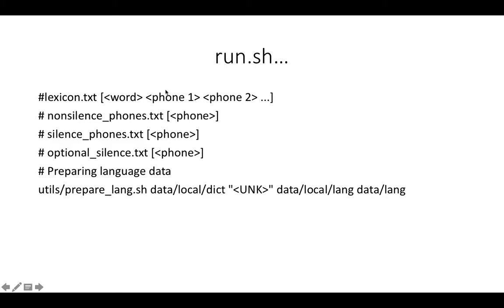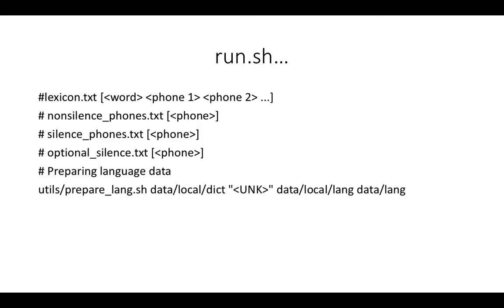Then comes the dictionary directory, which contains lexicon, non-silence phones, silence phones, and optional silence phones. As I mentioned, these are part of the lexicon directory or dictionary directory, and we have prepared this beforehand.